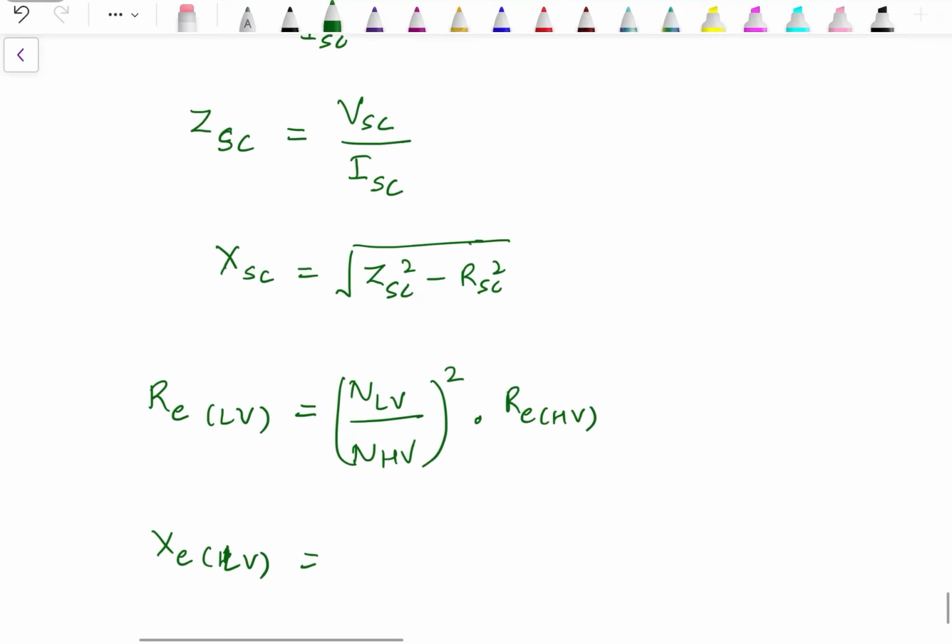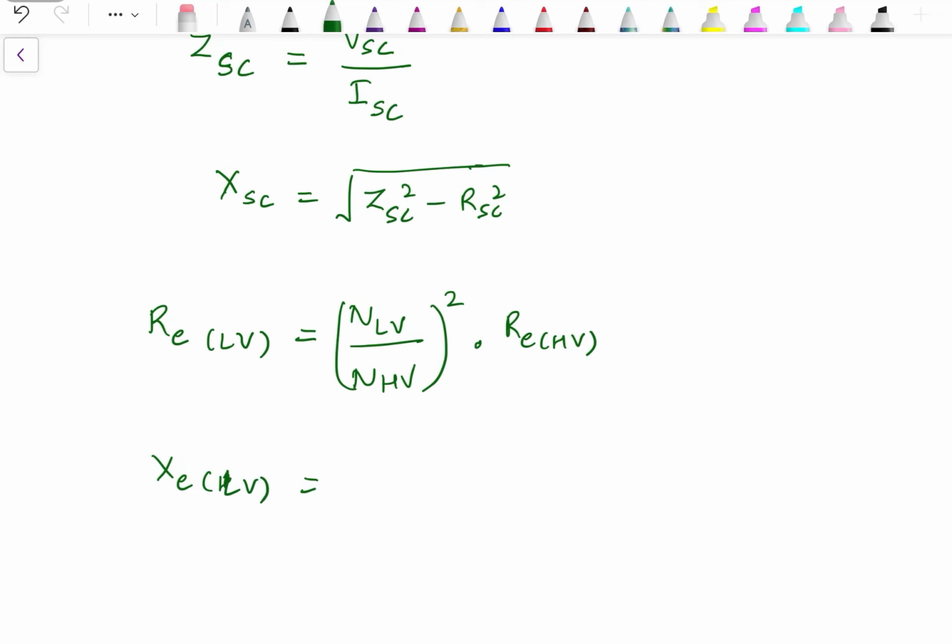X equivalent on low voltage side will be equal to NLV upon NHV square into X equivalent on high voltage side. Now depending upon on which side we have to draw the equivalent circuit, we can actually calculate the equivalent circuit parameters referred to low voltage side or high voltage side.